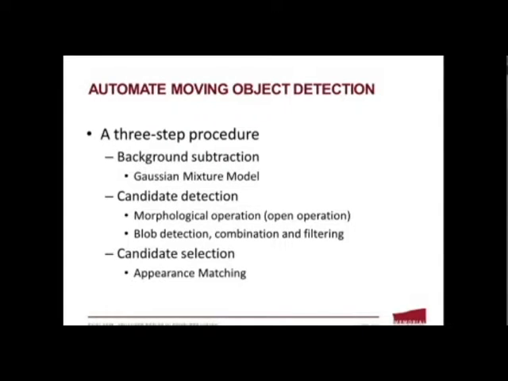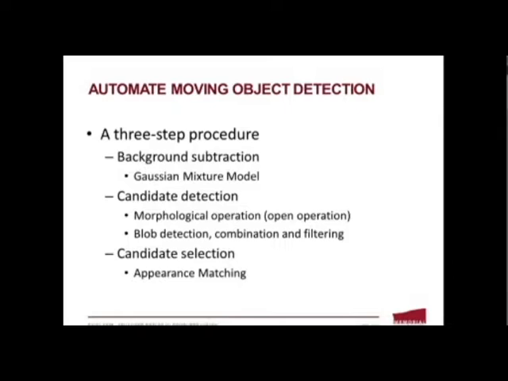Let's talk about the moving object detector. To detect a moving object, we employ a 3-step procedure. First, we process background subtraction based on Gaussian mixture model.